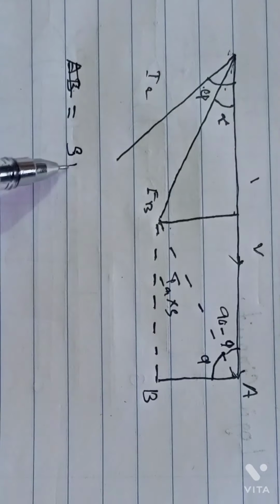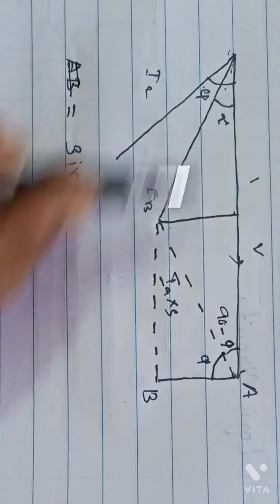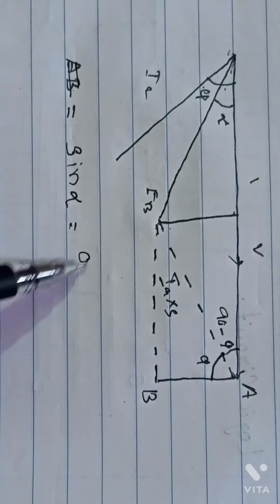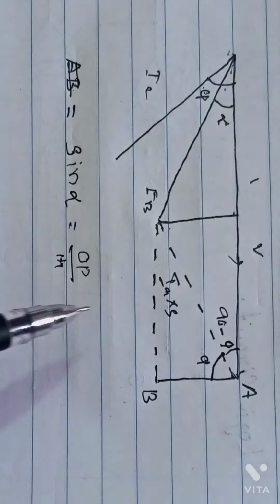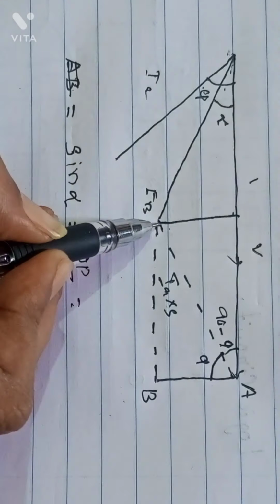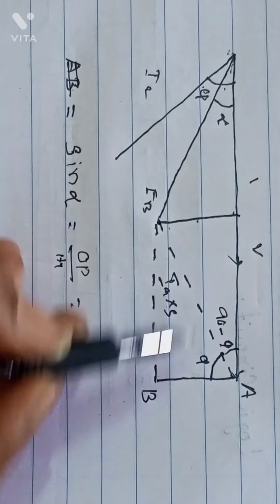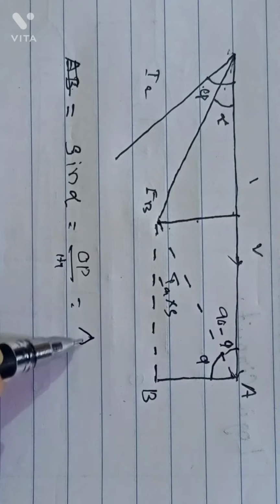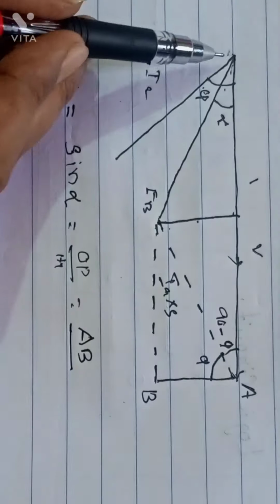We find out sine alpha. Where is alpha here? Okay. What is sine? Sine is nothing but opposite side by hypotenuse, right? So what is the opposite side? This is your opposite side. This and this are equal, no? So the opposite side is AB by hypotenuse. What is hypotenuse?